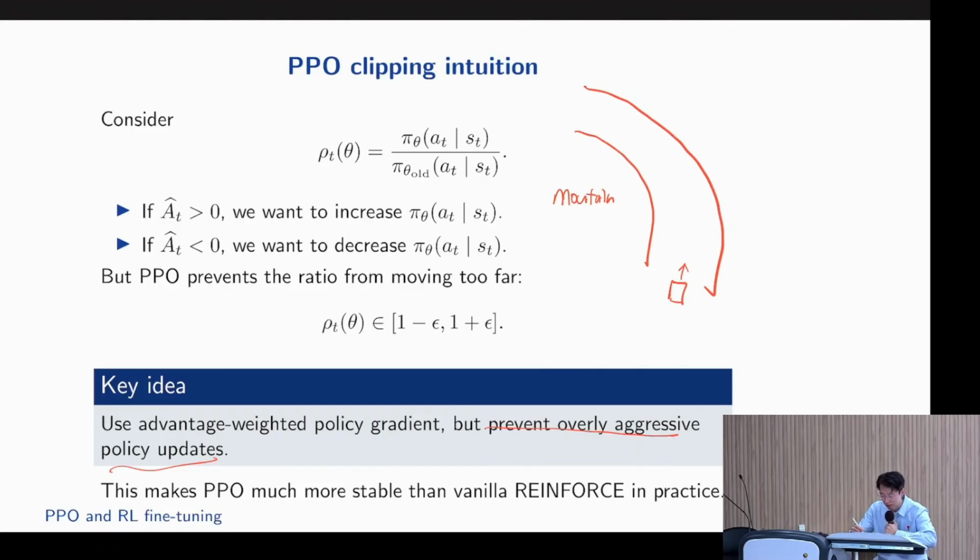And here you have a seaside. If you make too aggressive an update, you're going to jump straight to the seaside, and you're never going to observe any data past that point. So you make your update more conservative by introducing this clipping ratio.